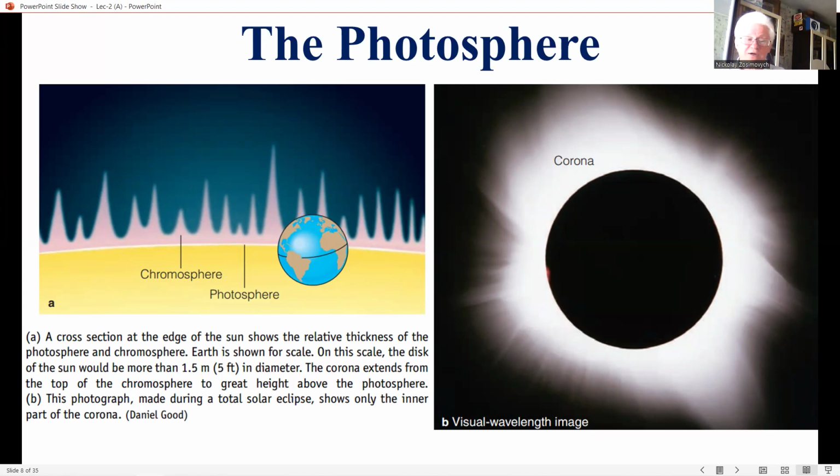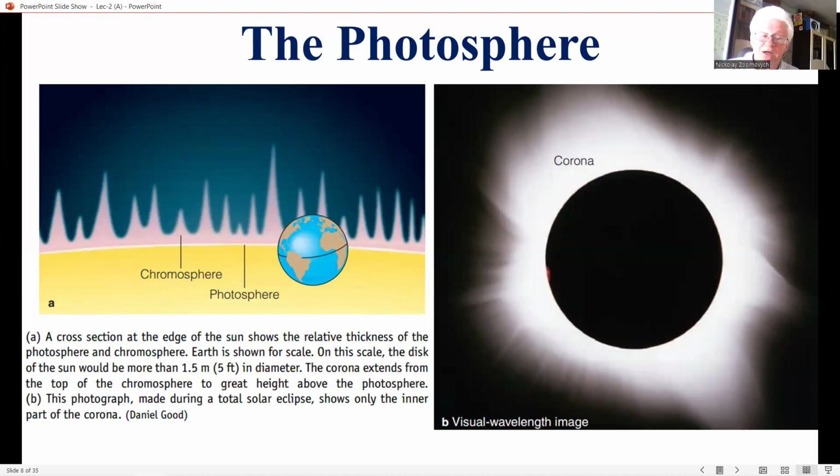Below the photosphere, the gas is denser and hotter and therefore radiates plenty of light. But that light cannot escape from the sun because of the outer layers of gas. Do you agree with me? Okay, nice. So, you cannot detect light from these deeper layers.